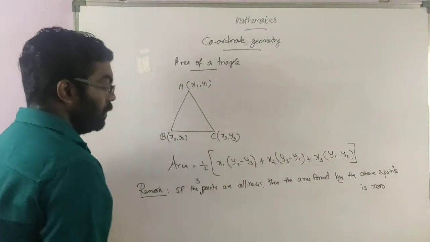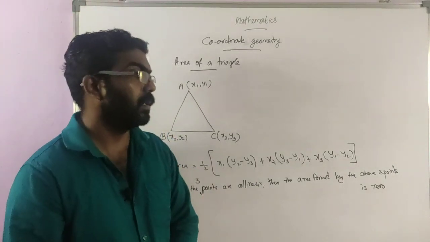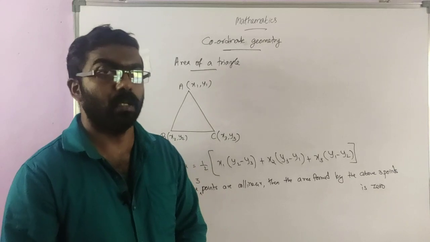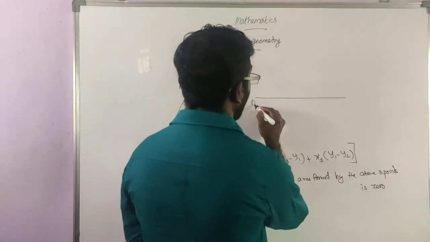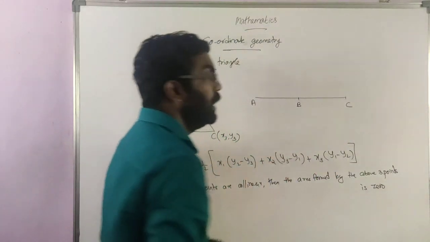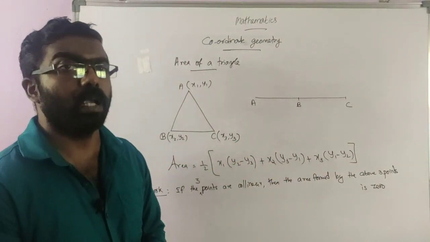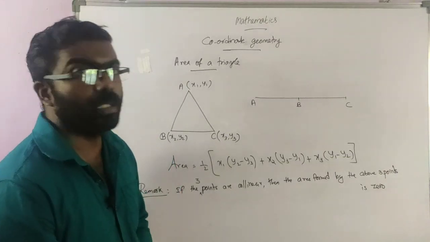Okay, if the 3 points are collinear, then the area formed by the above 3 points is 0. That means we can draw a line here, A, B, C. Now A, B, C lie on a line, and we can't form a triangle using these 3 points.